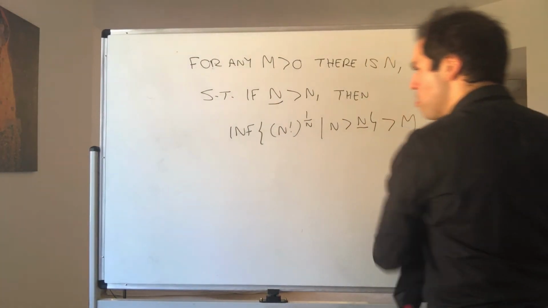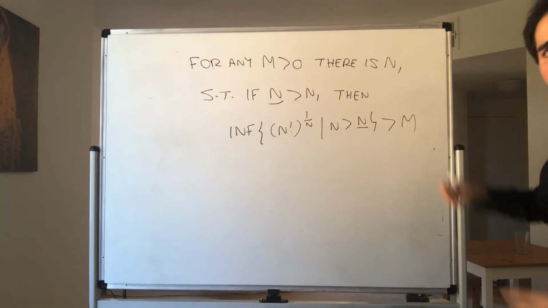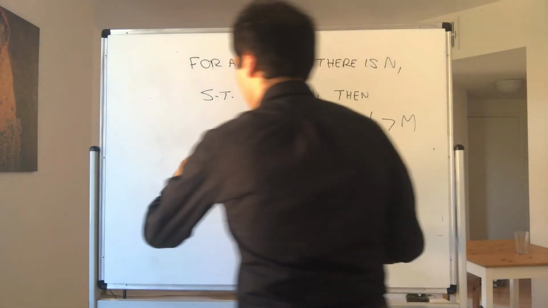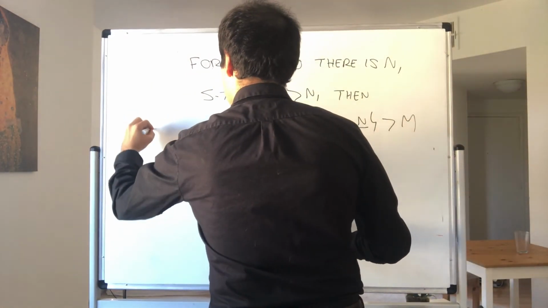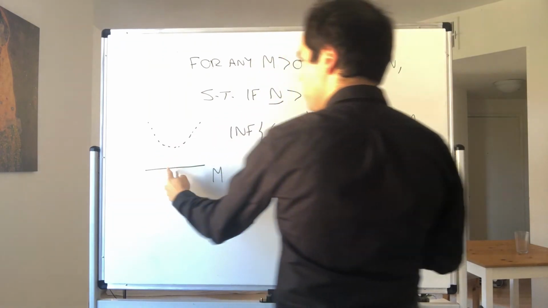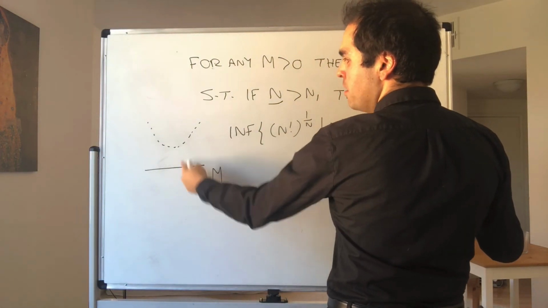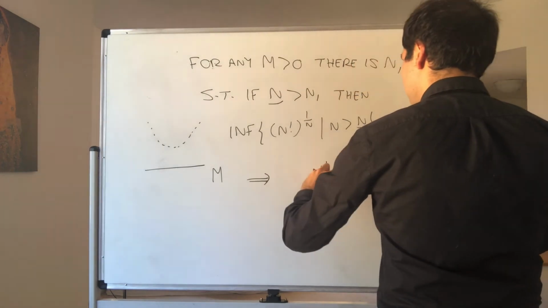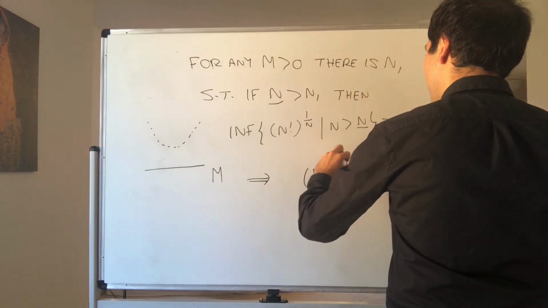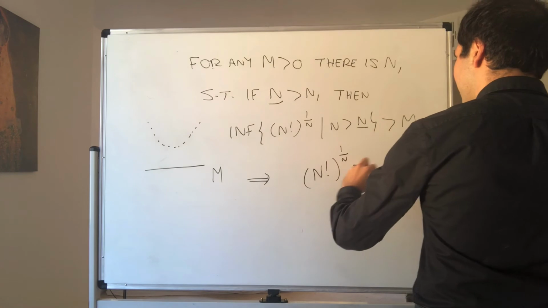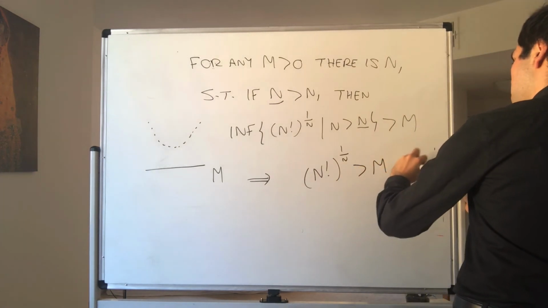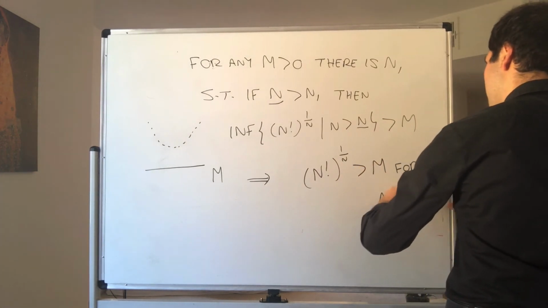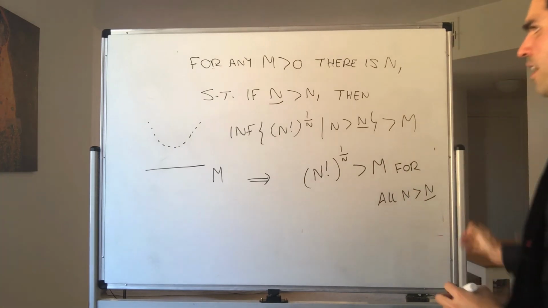If the minimum is bigger than a number, it really means all the values are bigger than that number. So if we're saying the minimum is greater or equal to M, it means all the values are bigger than or equal to M. So in other words, n factorial to the 1 over n is greater than M for all n bigger than capital N.